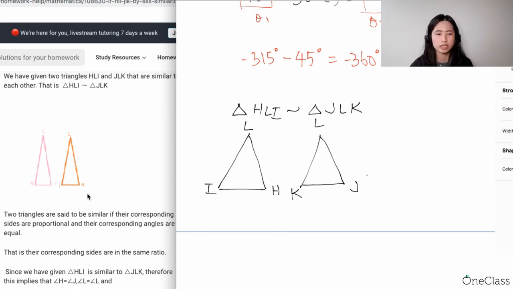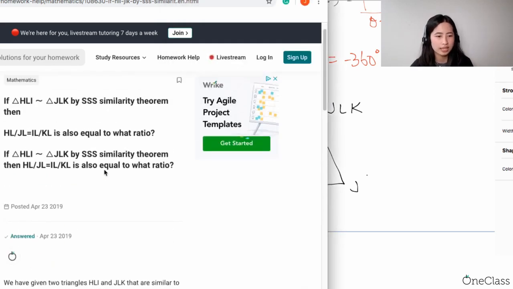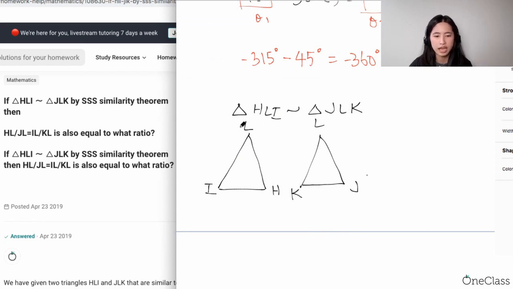So, okay, great. Now they're trying to say that you have HL over JL. As you can see, HL is over here and you have JL, which is over here. When you're trying to write up a proportionality theorem, it's a ratio, so you need to have the two sides that are proportional.